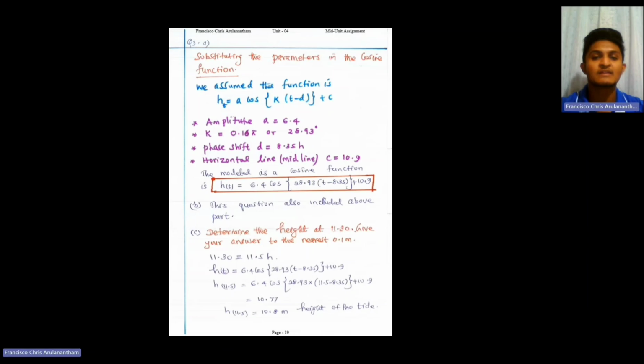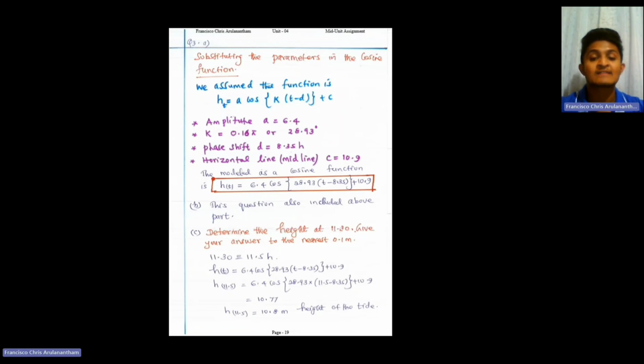Substituting the parameters in the cosine function is the next step. We assume the function is h(t) = a cos(k(t − d)) + c. Amplitude is 6.4, k is 28.93 degrees, phase shift d is 8.35 hours, and the horizontal midline c is 10.9.